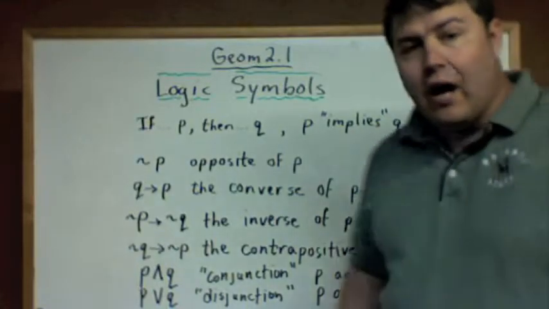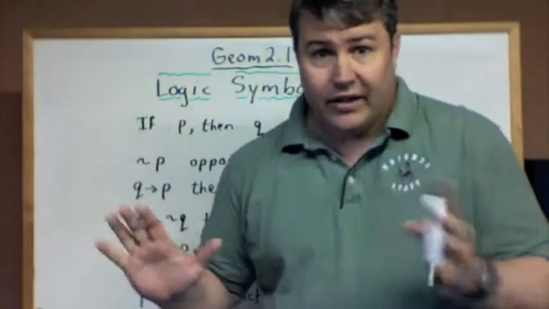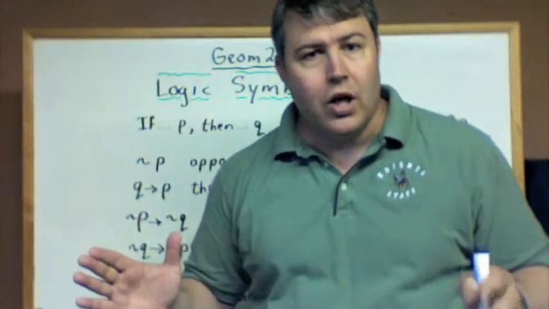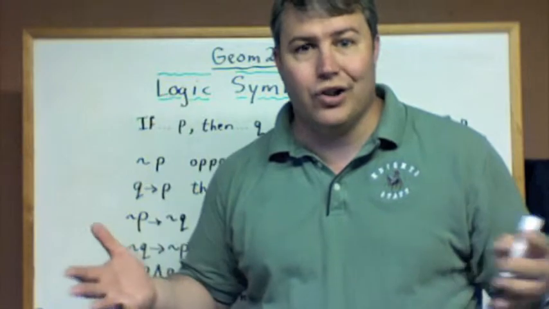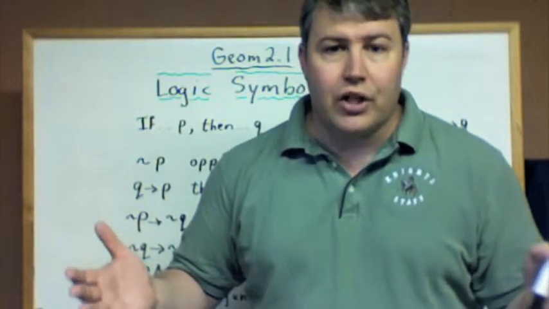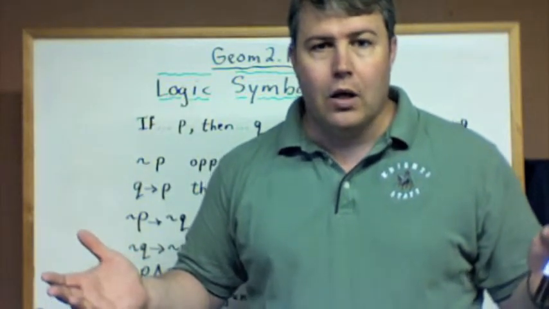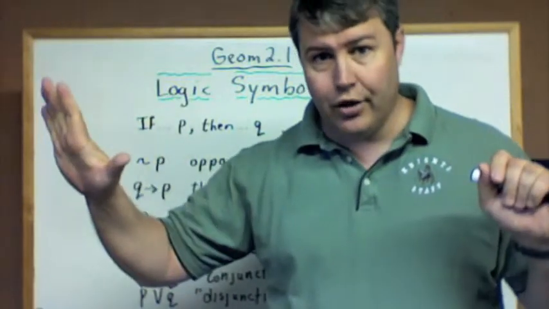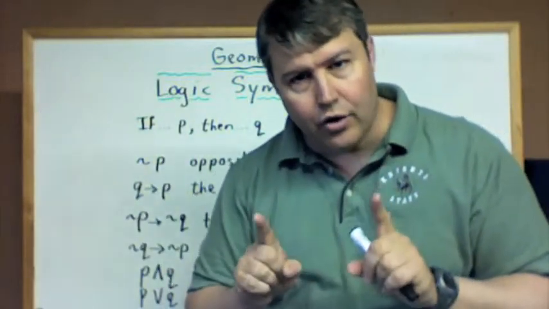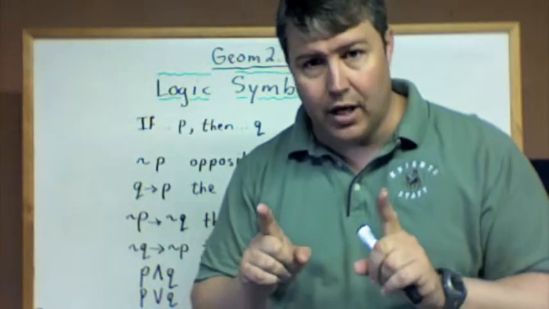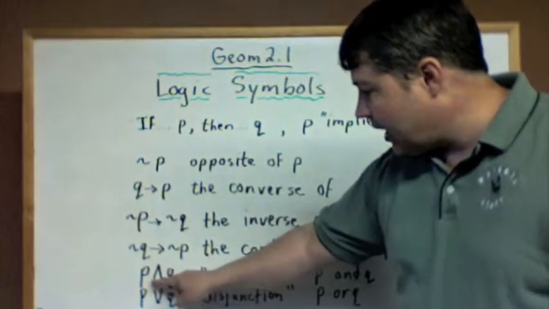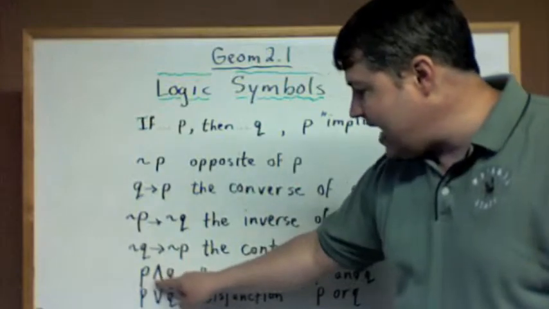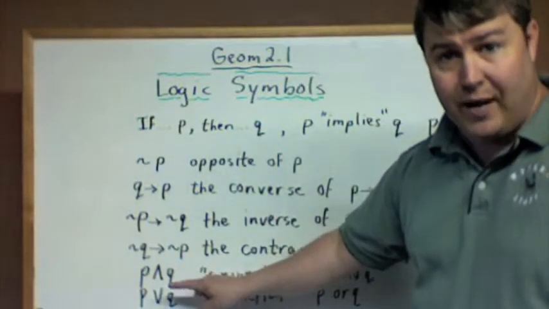All right. Now, if then is not the only way to put two statements together. You can put them together with what we call conjunctions, and we have that in English, in grammar. All right? This statement and that statement. P and Q. And we denote that, our notation or our symbology in logic is this like upside down V. So that's P and Q. That's how you write it on the paper.